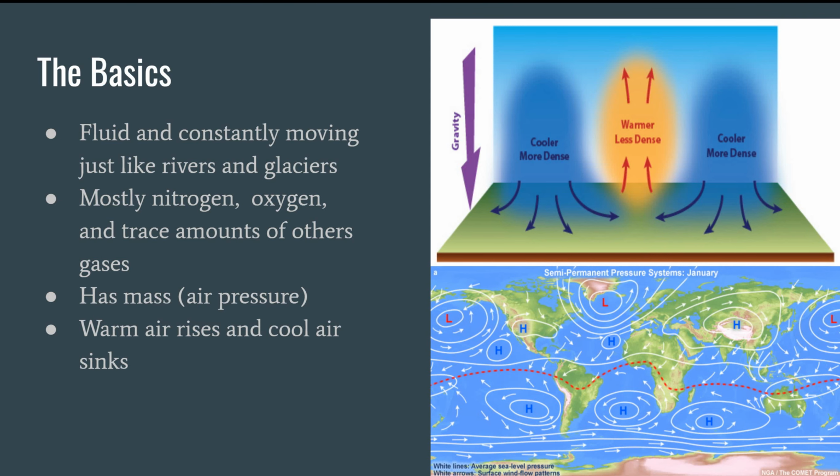So this pressure generates heat, and heat causes air molecules to move faster, meaning the space between each increases. So the air becomes warmer and less dense relative to air around it, and as such, warmer air tends to rise. But as we know, as air rises up in the atmosphere, temperature drops as well. And as the air temperature drops, it becomes cooler and molecules slow down, causing them to become denser.